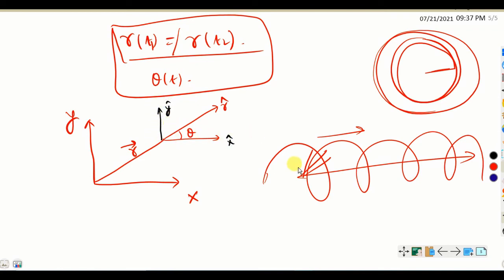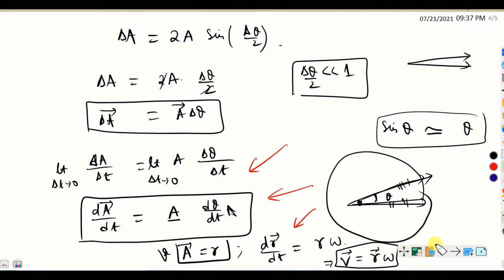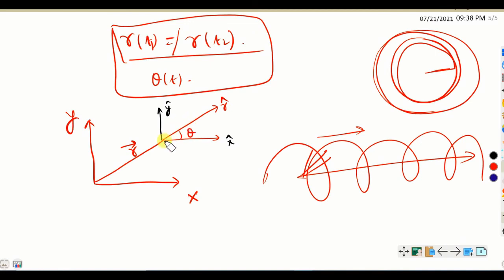We have already seen that if your r vector is changing, then theta will always change. So one component will be like this, which we call theta hat, and this will make an angle of 90 plus theta.